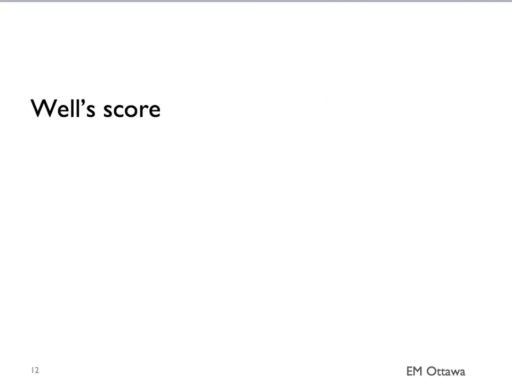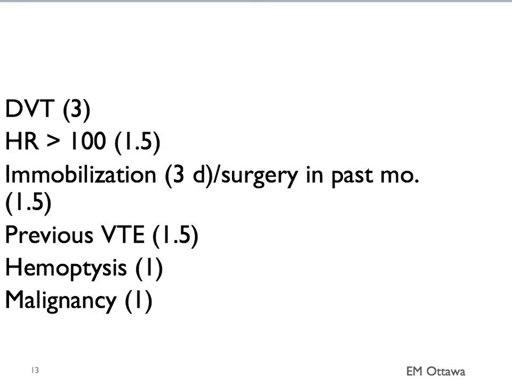The Wells score is a series of questions that we score about the patient's clinical presentation. They include the following: clinical signs and symptoms compatible with a DVT, which gives the patient 3 points; tachycardia, which gives the patient 1.5 points; immobilization more than 3 days or surgery in the past month, which gives the patient 1.5 points; previous venous thromboembolism, 1.5; hemoptysis and active malignancy also give the patient 1 point each.